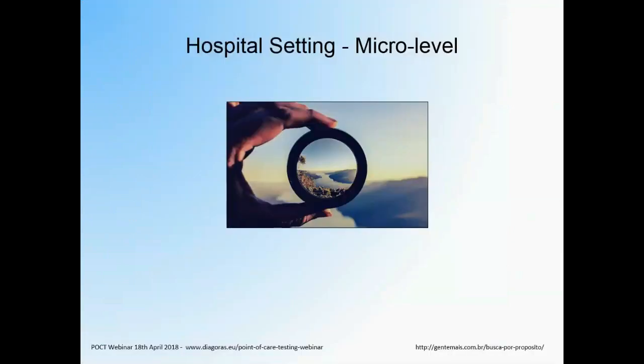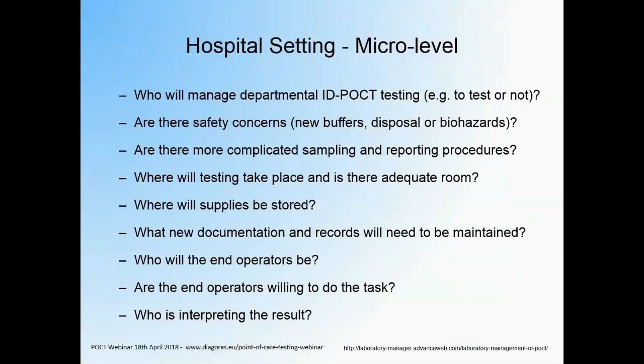So if looking at the macro level means looking at the bigger picture, looking at the micro level means looking at the finer details. In this case, looking at implementation issues within particular hospital departments. So here are a few examples of micro level considerations for the implementation of ID-POCT.